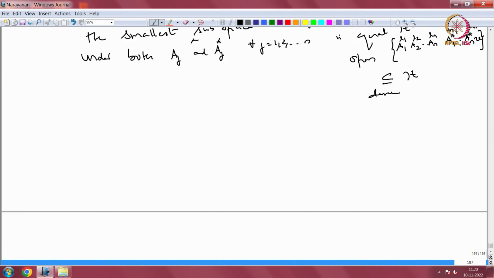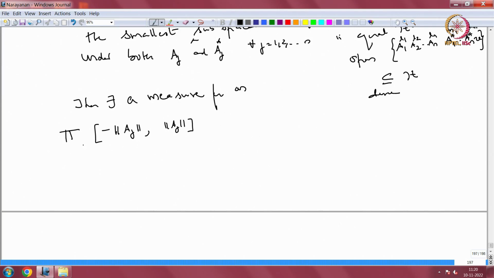So, containing Aj, then there exists a measure mu on, where is the measure? So, this is going to be on norm Aj comma Aj. So, this is a closed interval, you look at the product of this, sorry, this is the normal case.